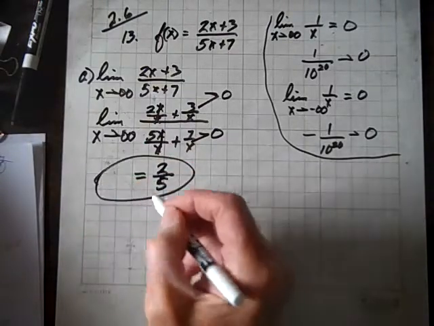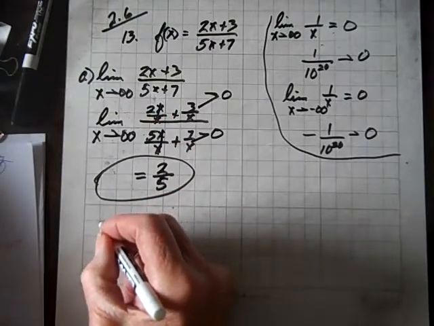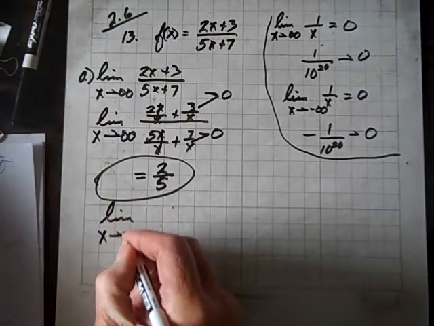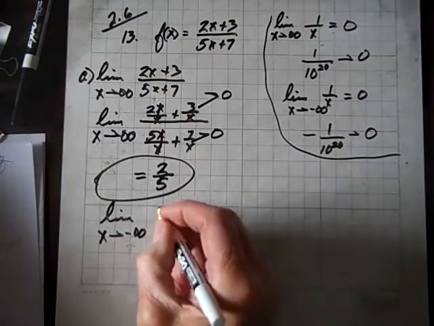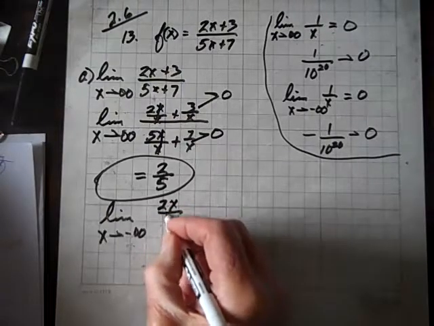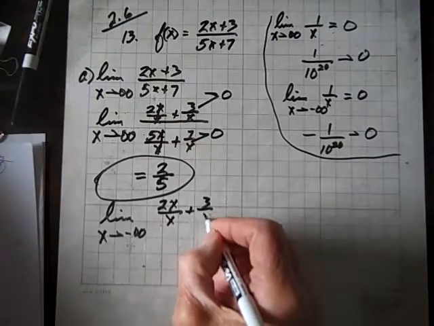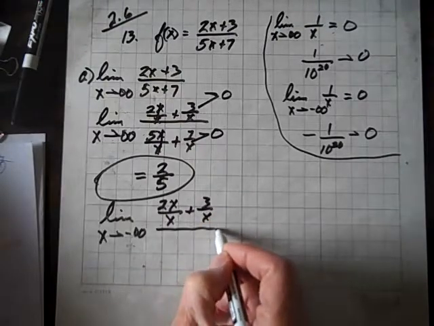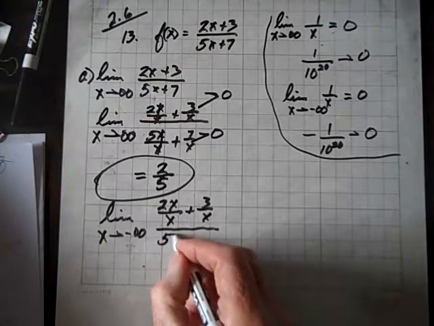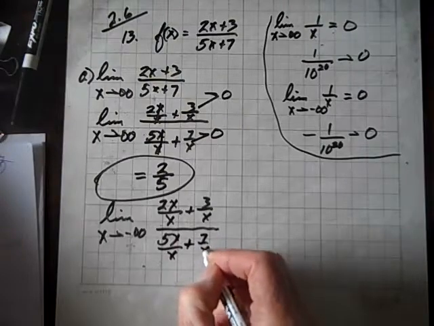Okay, now let's look at what's going to go on as the limit as x goes to negative infinity. And again, I'm just going to dive right into it. We still have 2x over x plus 3 over x when we divide every term by x rather than start from scratch, over 5x over x plus 7 over x.